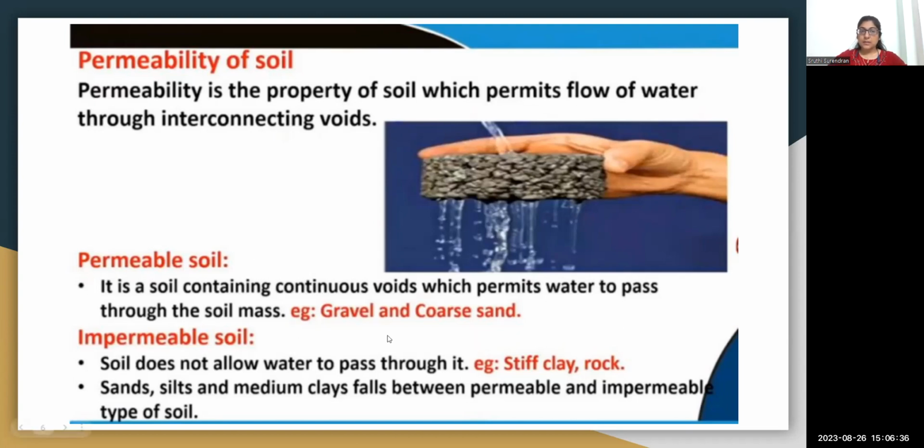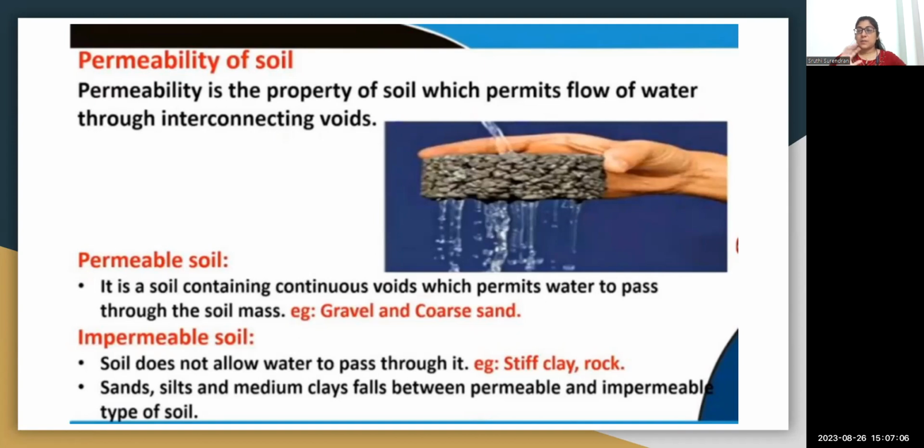When the soil is permeable, the void spaces or pore spaces are continuous in nature, allowing water to pass through the mass. And when the soil is impermeable, like clay, even if there are pores, the interconnectivity between the pores is not that good, because of which it will not be able to transfer water properly through it.